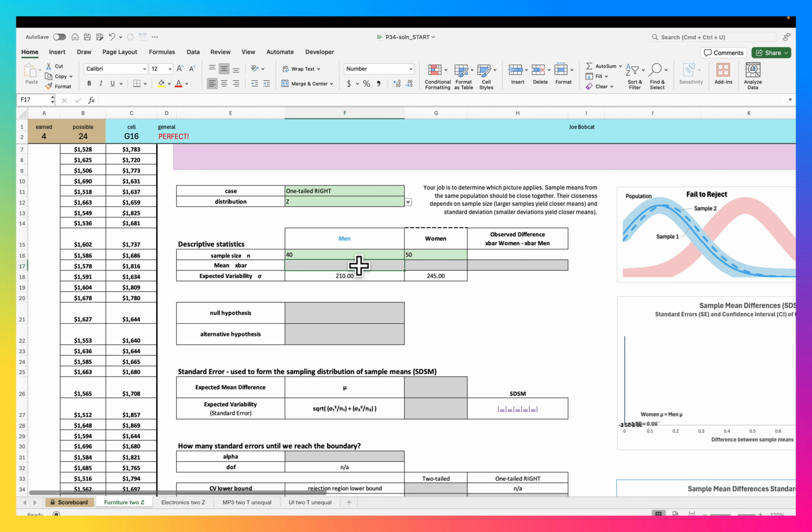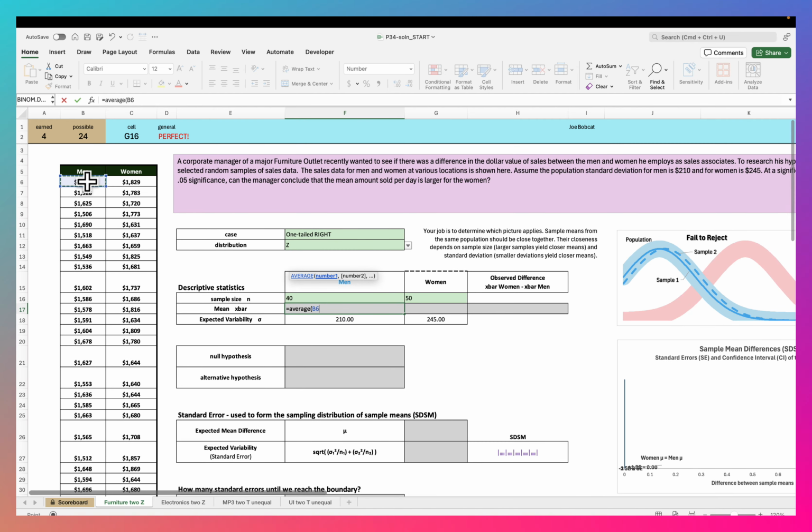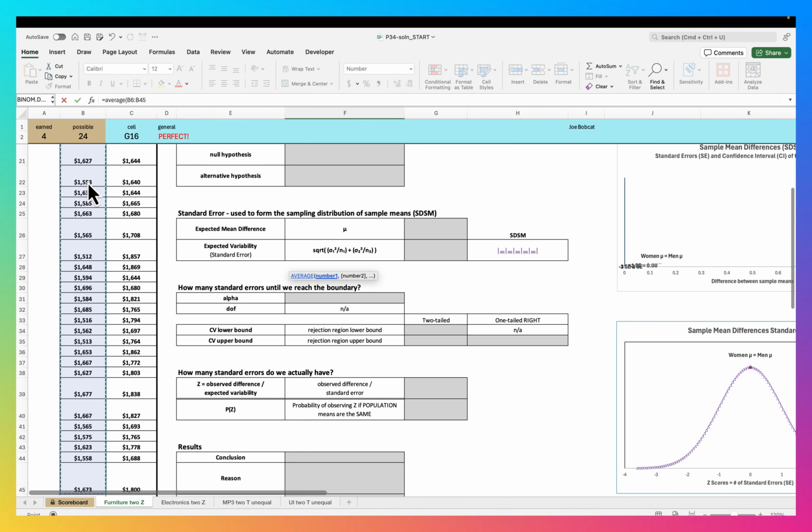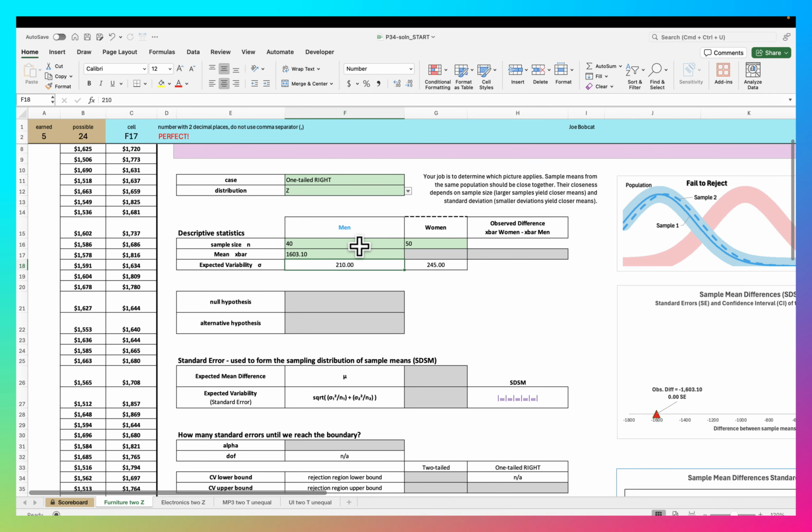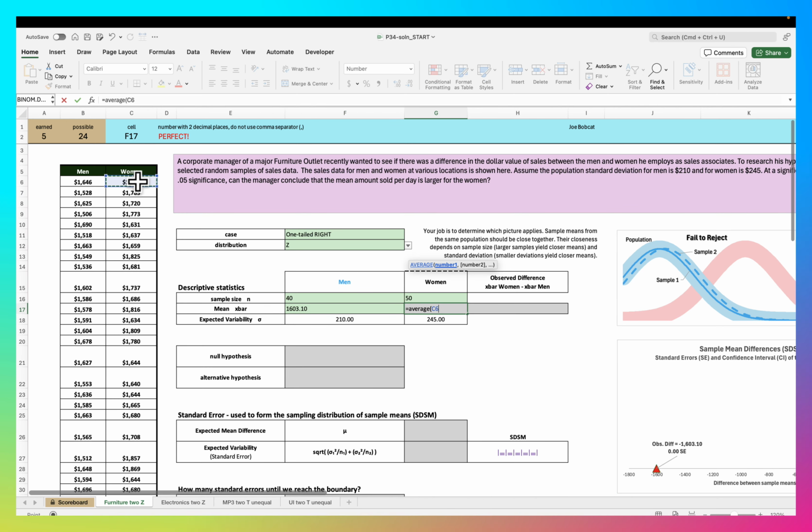Then let's get the mean, which is going to be the average here, and for the women, the average here.